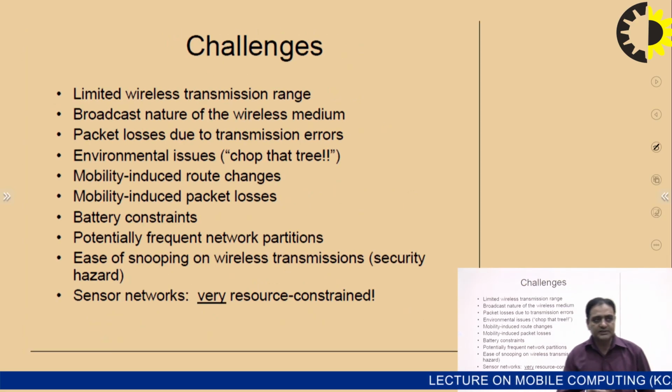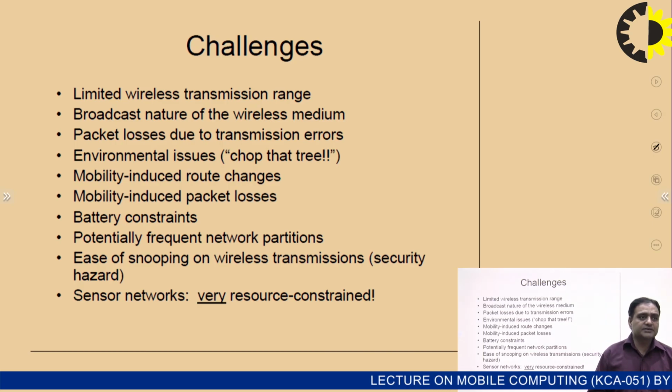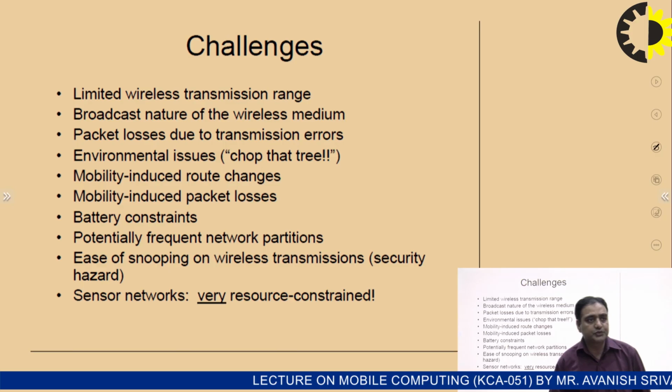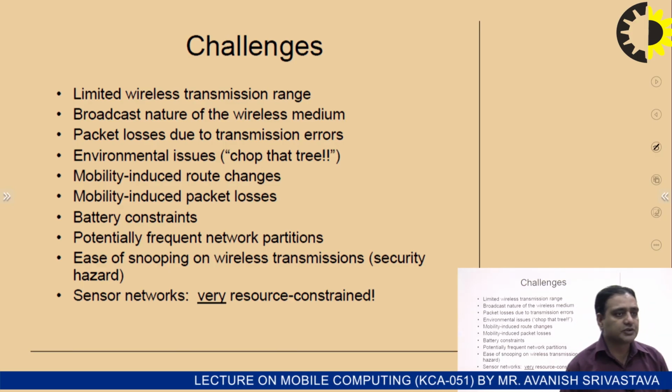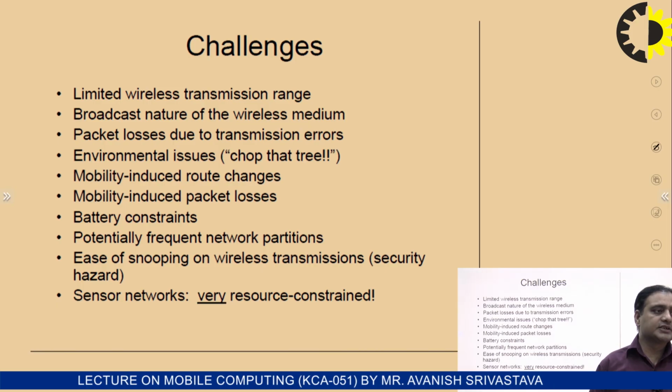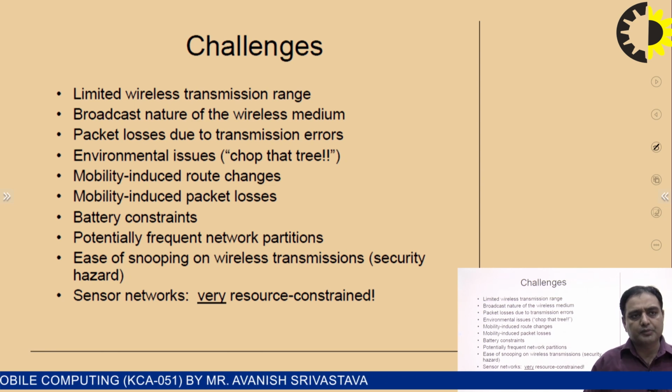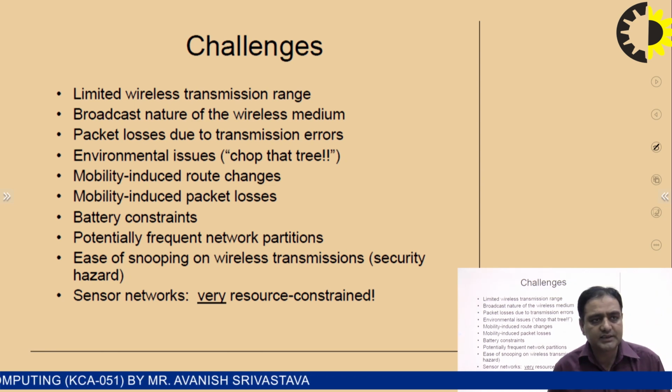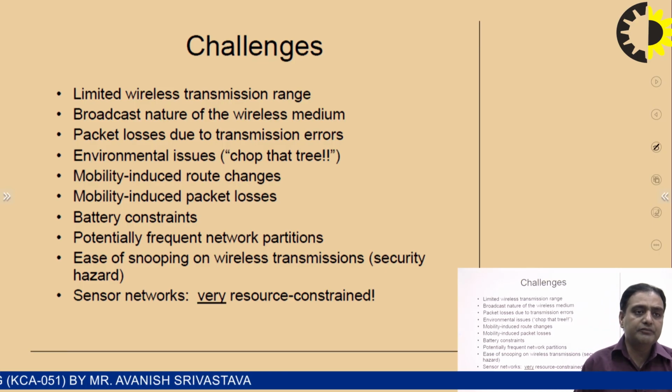What are the challenges? Limited wireless transmission range, broadcast nature of the wireless medium, packet losses due to transmission errors, environment issues, mobility-induced route changes, mobility-induced packet losses, battery constraints, and potentially frequent network partitions. In previous slides you already heard about many variations, and these are connected with the challenges.